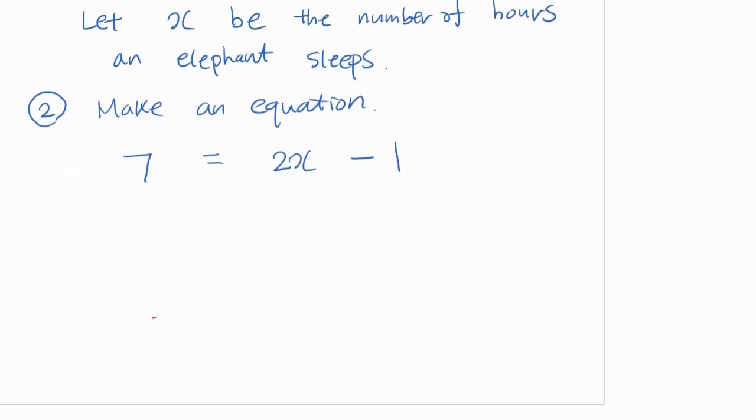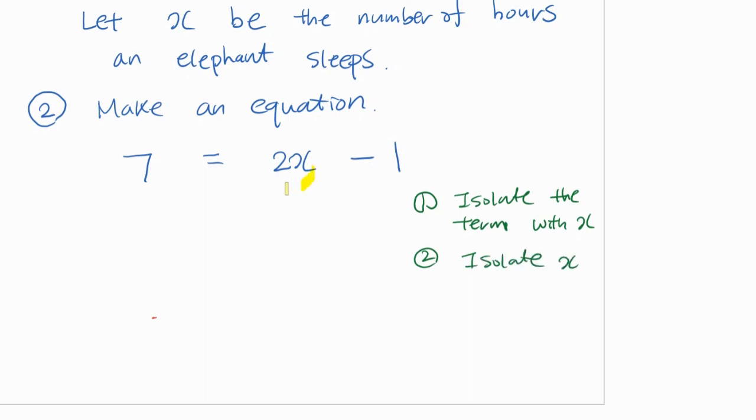Now, we're going to find x. So to isolate x, first step, we have to isolate the term with x, then isolate x. Okay, let's isolate 2x. To do that, let's take away minus 1 by adding 1 on both sides, right?